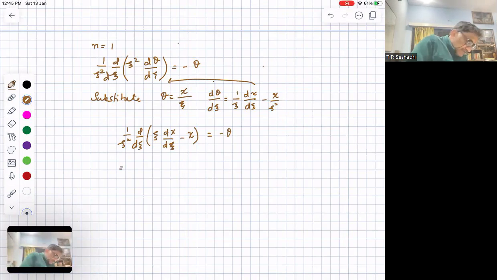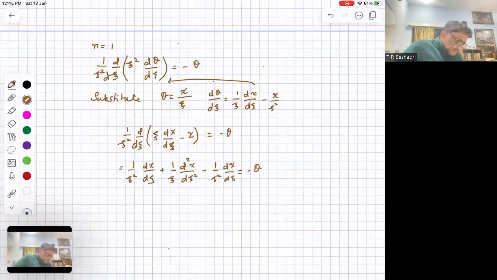And so this will be equal to 1 by xi square d chi by d xi plus 1 by xi d2 chi by d xi square minus 1 by xi square d chi by d xi is equal to minus theta. And what I see here is these two beautifully cancel out.